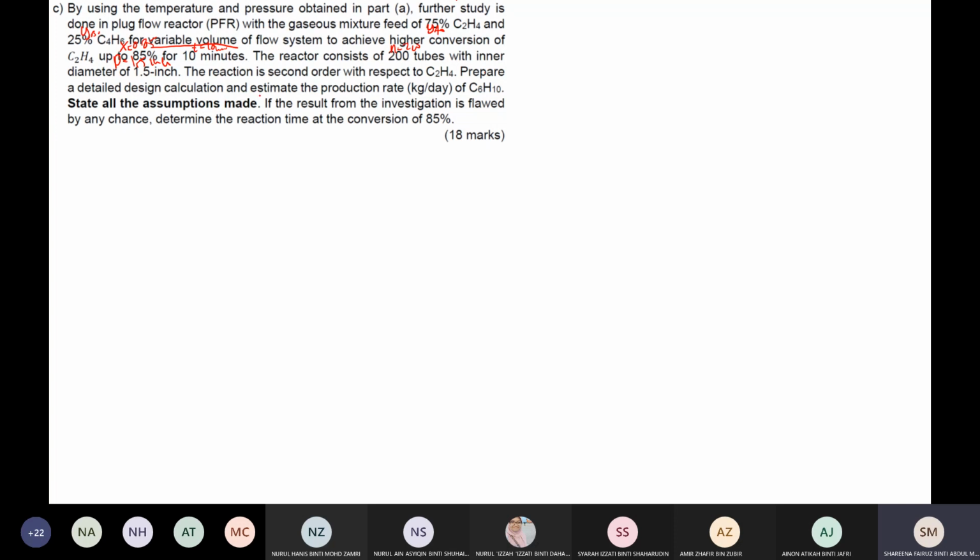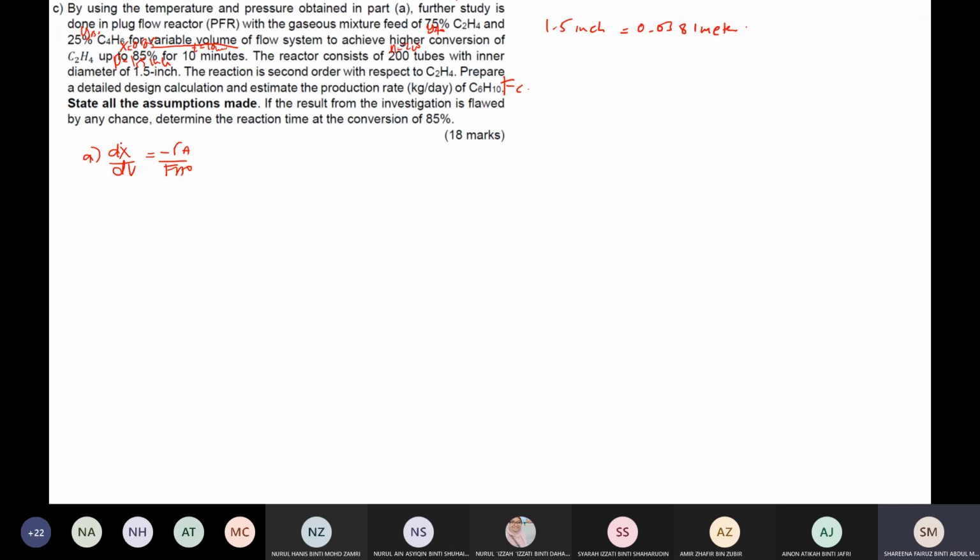Okay, so first start dengan mole balance. Okay, this is PFR. So PFR mole balance, dX over dV is equal to negative RA over FA naught. Okay, so you tukarlah 1.5 inch ni, I kira around 0.0381 meter.